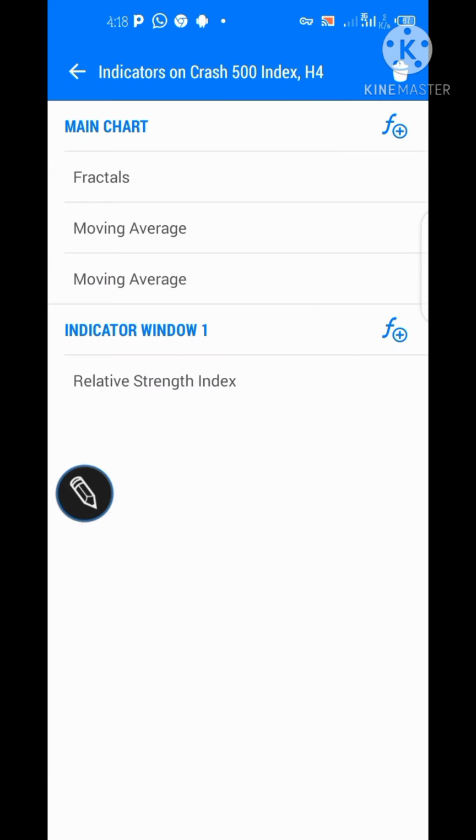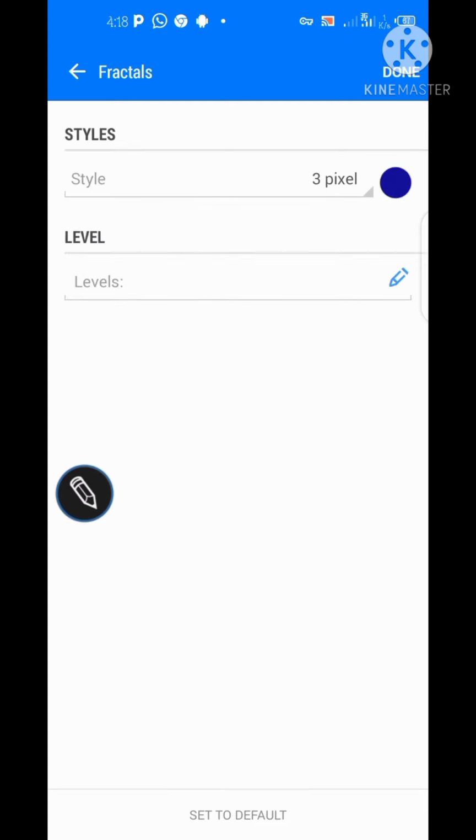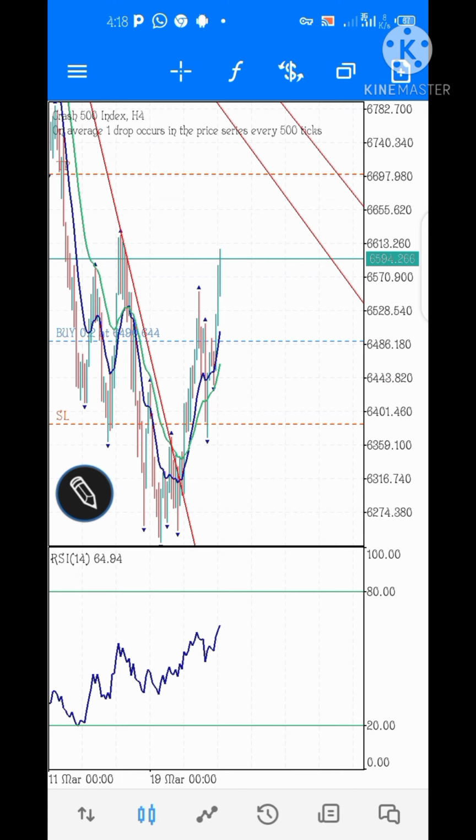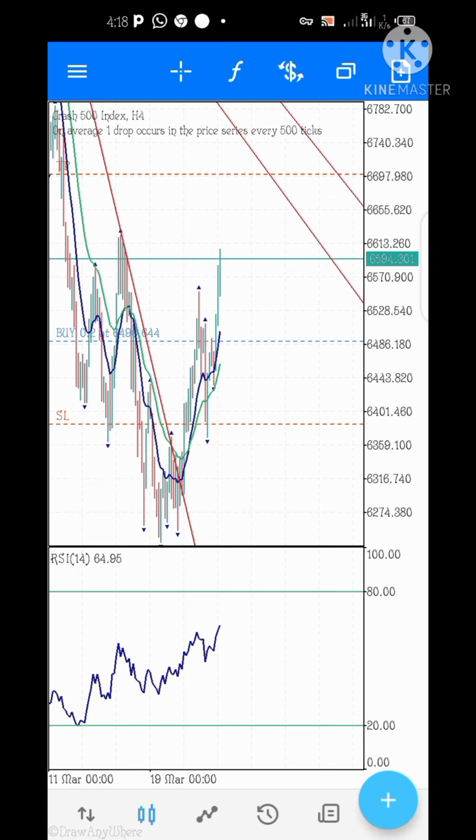So this is the setting for the indicators I use. This one is fractal, 3 pixel. You choose any color of your choice and then click done. This fractal is this small blue triangle that forms at resistance and support points.